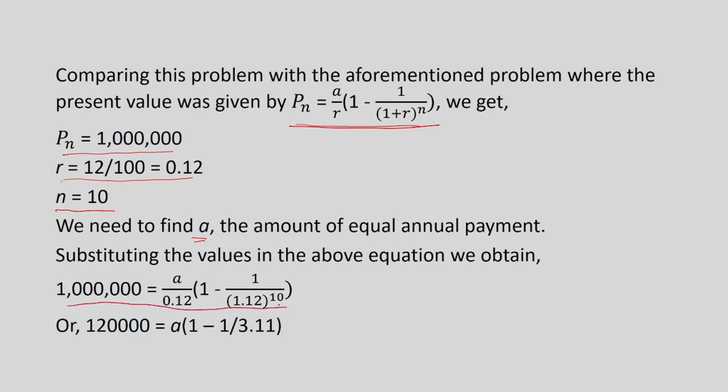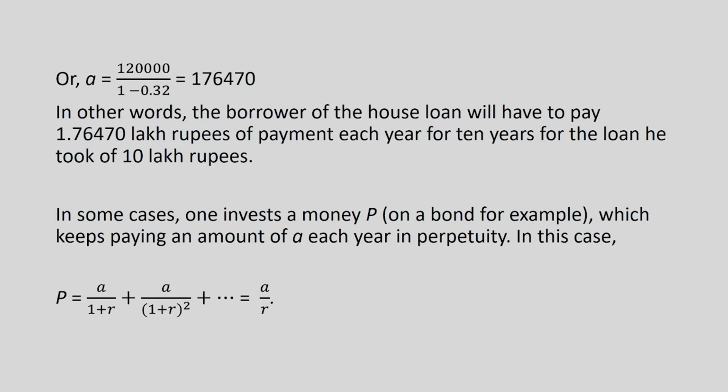So, if we do so, we get 1 million is equal to a divided by 0.12 multiplied by 1 minus 1 divided by 1.12 to the power 10, and then we basically simplify this relation, and what we get in the end is small a, which is 176470.